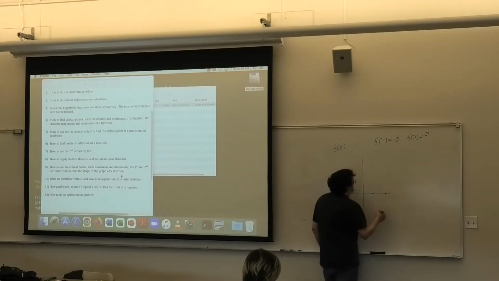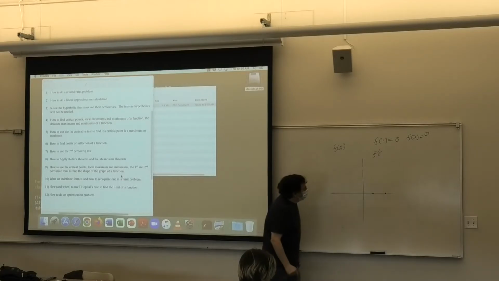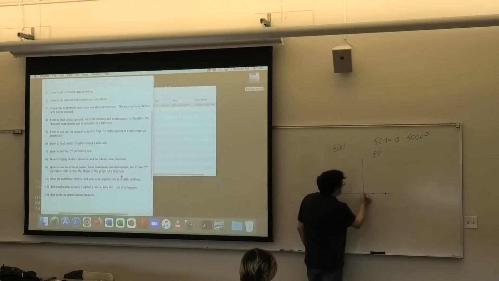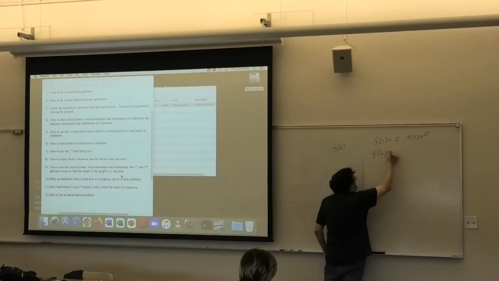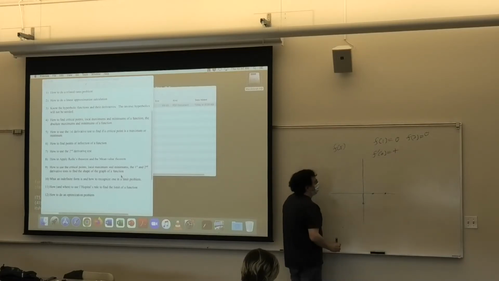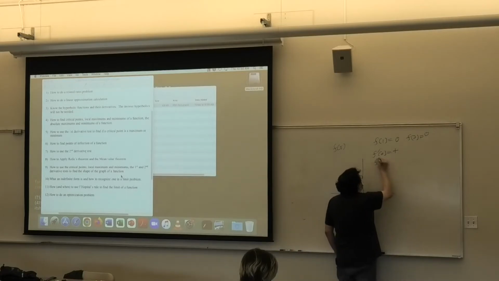So then I look further and we find that down here, let's say f prime of 0 is some positive number, and the derivative at 1 is a negative number, and the derivative at 3 is a positive number.